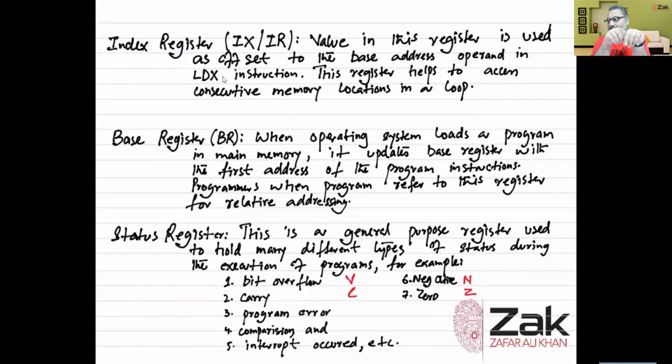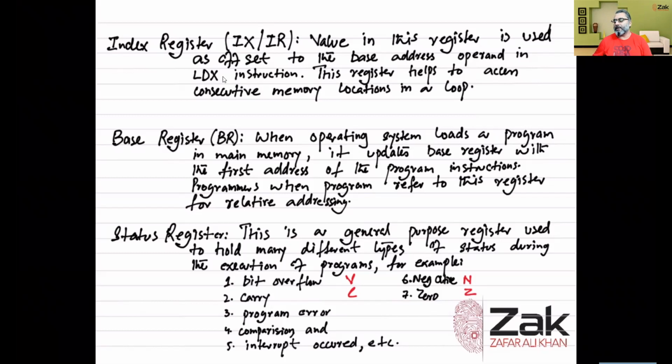Every bit represents a different operation, and this is called the status register. We have the parity flag as well, and many others, so just leave it out.